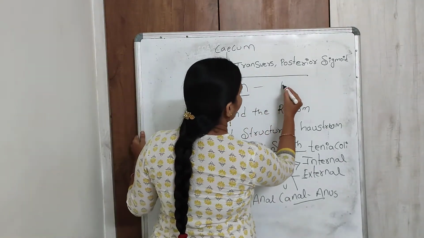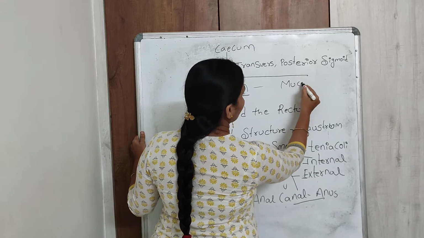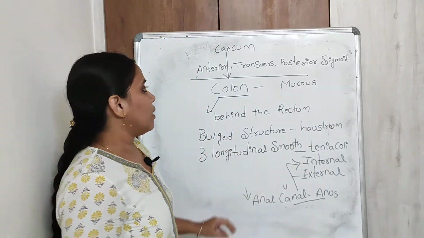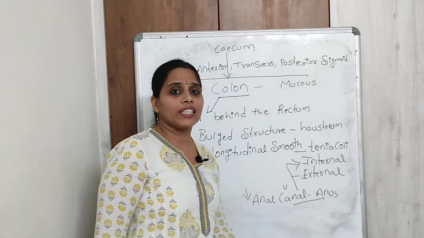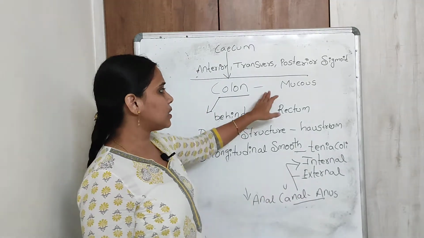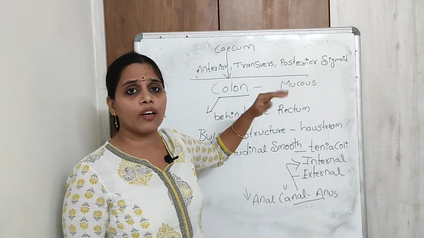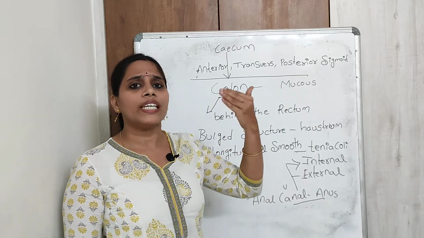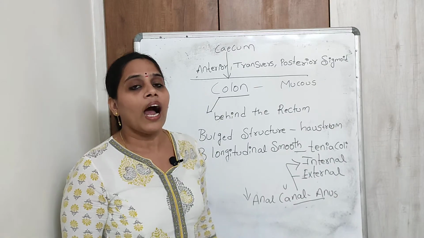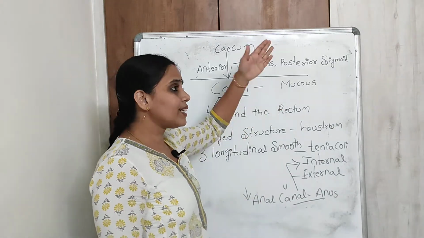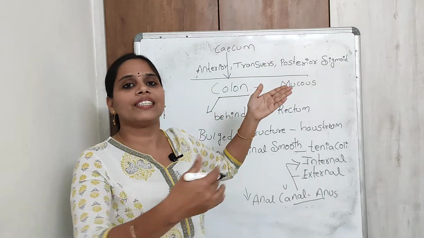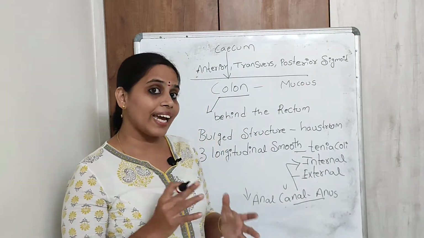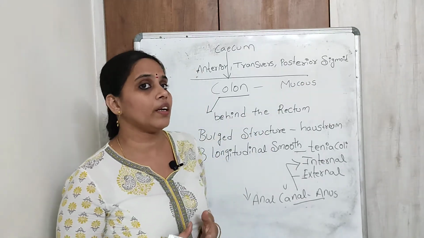This mucus makes the tract from the large intestine to the anus slippery. Even the undigested food, that is the fecal matter, becomes lubricated so that it will easily go outside, and it will protect the tract from the large intestine to the anus. So this ends the parts of the alimentary canal.